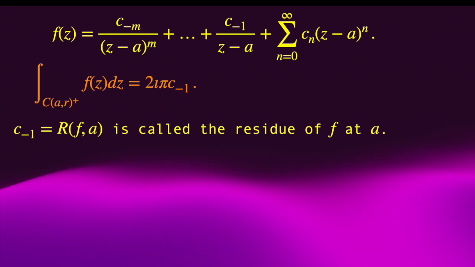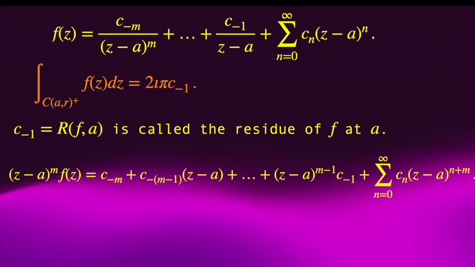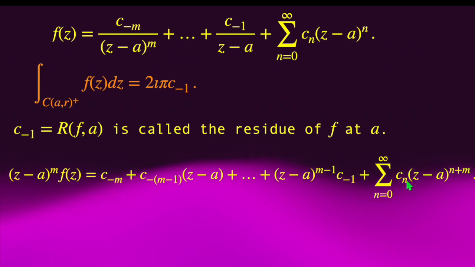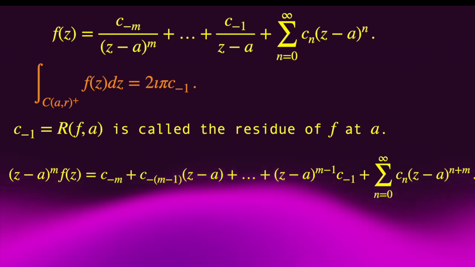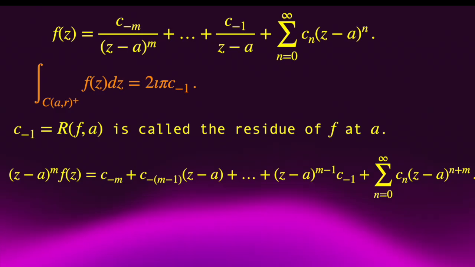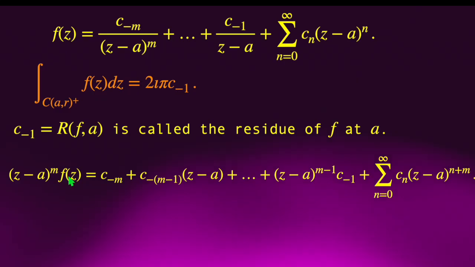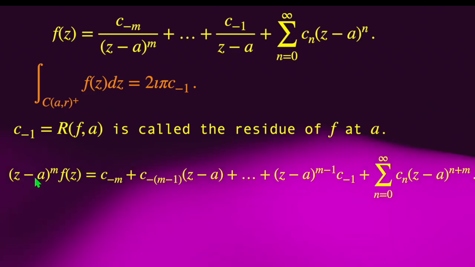Now, if we multiply our function by (z minus a) to the power m, we get here a holomorphic function, because we have no more quotient by z minus a, and we have shown that f(z) is the quotient of this holomorphic function by this holomorphic function.